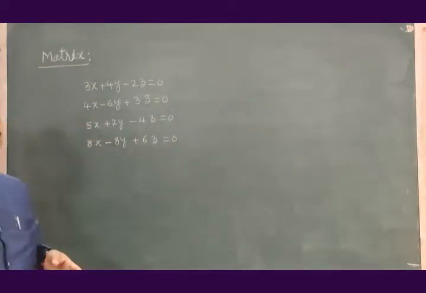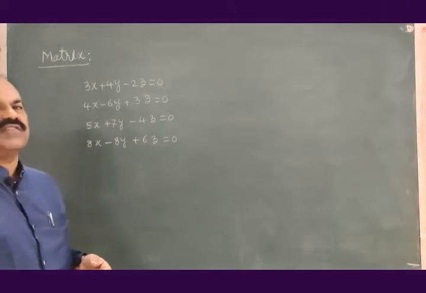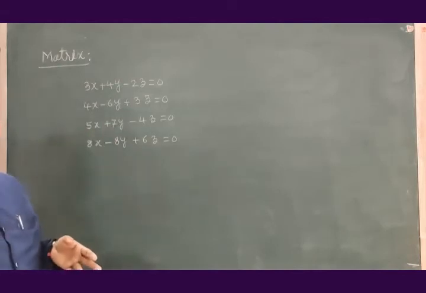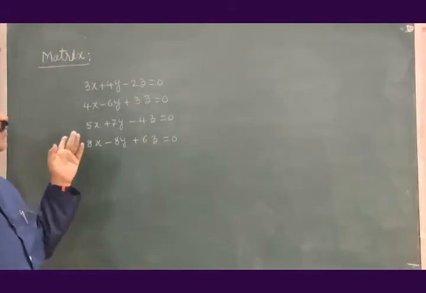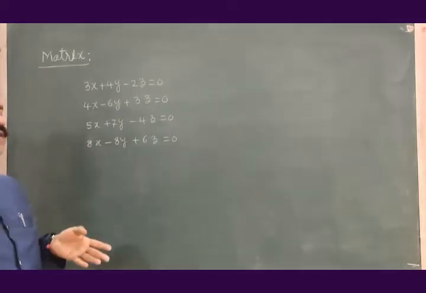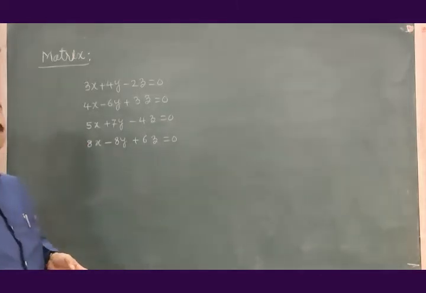It is a system of simultaneous equations. 3x plus 4y minus 2z is equal to 0, 4x minus 6y plus 3z is equal to 0, 5x plus 7y minus 4z is equal to 0, 8x minus 8y plus 6z is equal to 0.